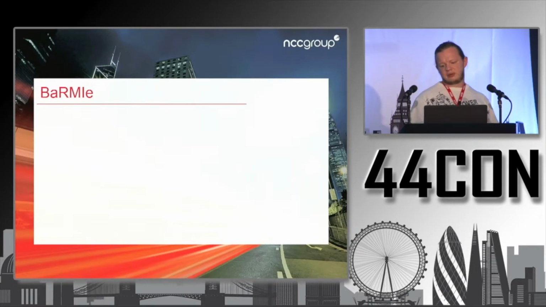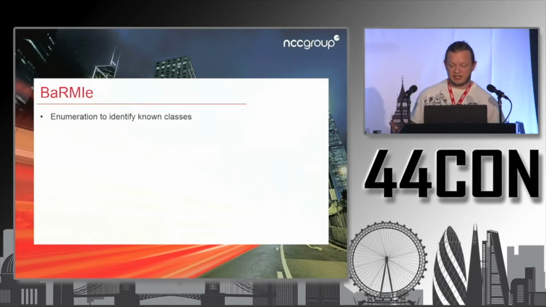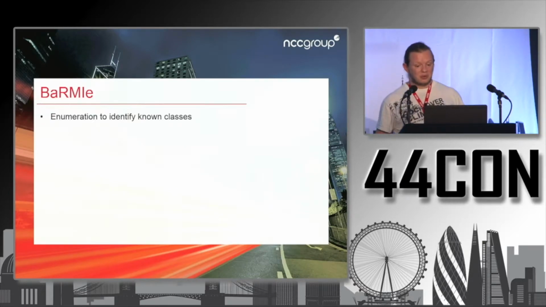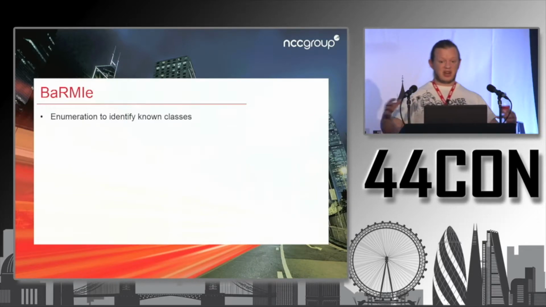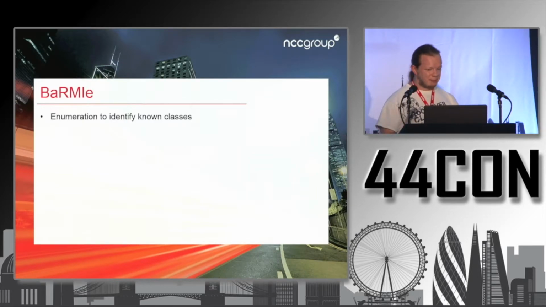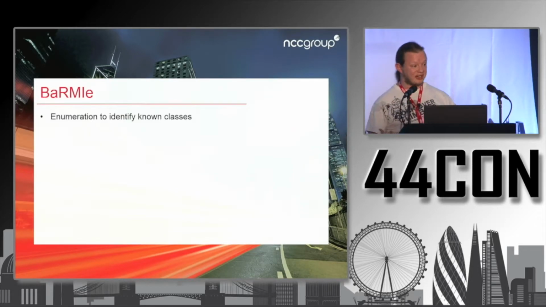I've got this enumeration functionality that was already in BaRMIe. What I'm doing at the minute is incorporating all of these different attacks and payloads that I've built up into one single tool to attack RMI services.